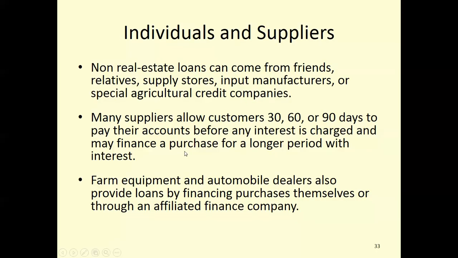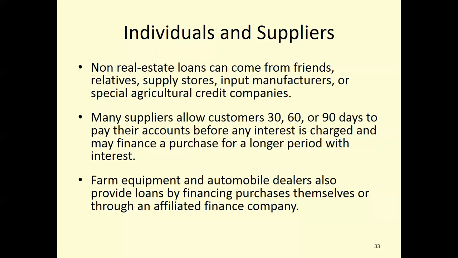You may also obtain loans from individuals and suppliers. Non-real estate loans can come from friends, relatives, supply stores, input manufacturers, or special agricultural credit companies. Many suppliers allow customers 30, 60, 90 days to pay their accounts before any interest is charged and may finance a purchase for a longer period with interest.